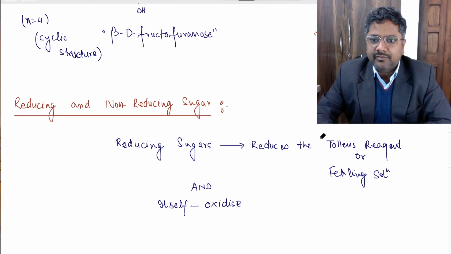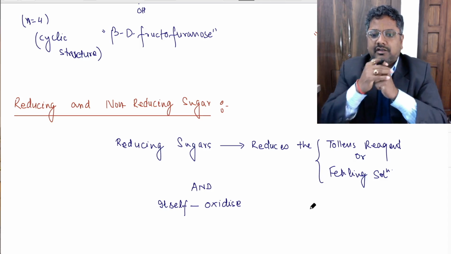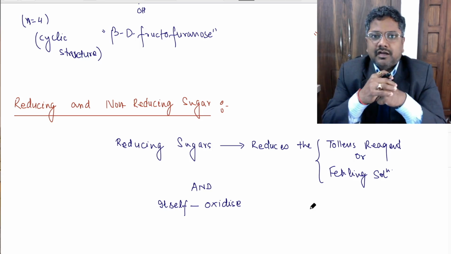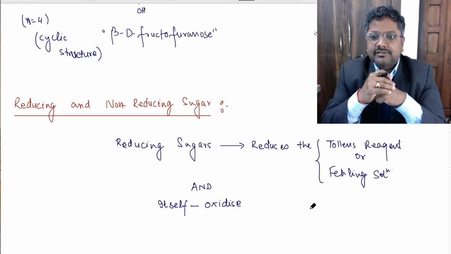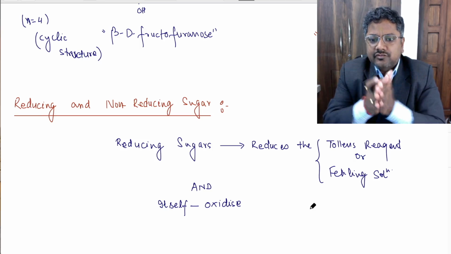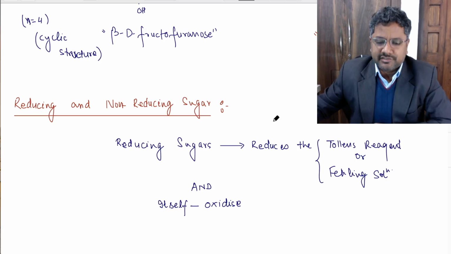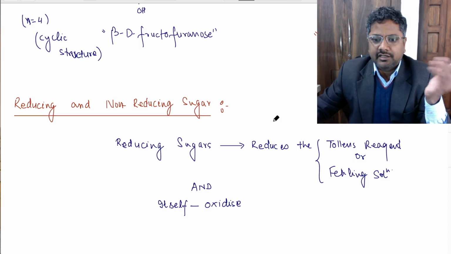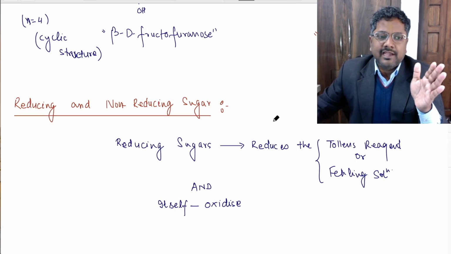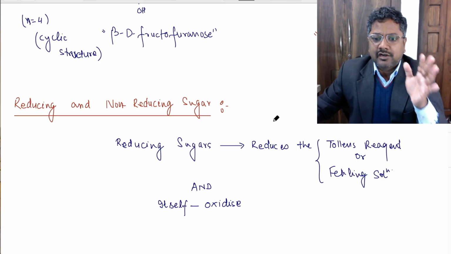So if you remember the chemistry, you are well aware that aldehydes reduce Tollens reagent and Fehling's solution, Benedict's solution. Ketones are not able to reduce Tollens and Fehling's solution. So in sugar, if you have the open chain structure, you can very easily identify, okay, this is an aldohexose or aldo sugar.